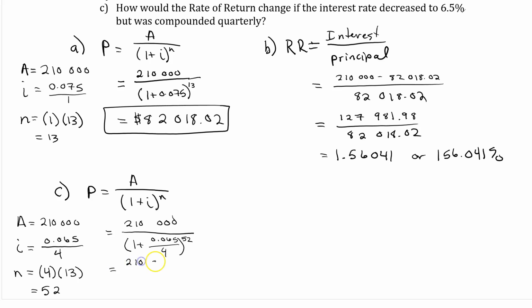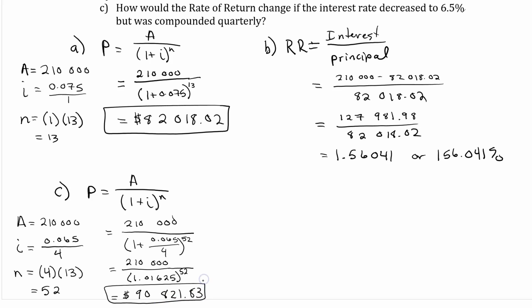So it's going to be 210,000 all over 1.01625 to the power of 52. Just going to extend that there. So I come out with $90,821.83.